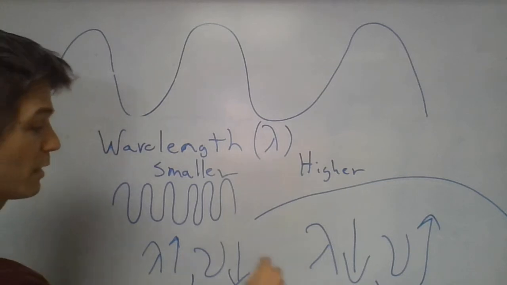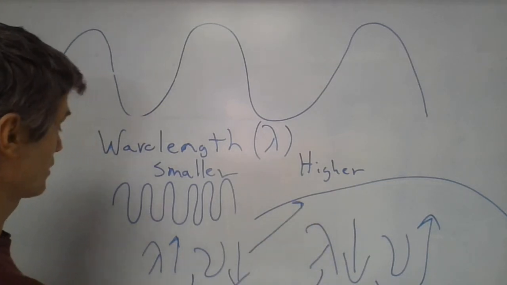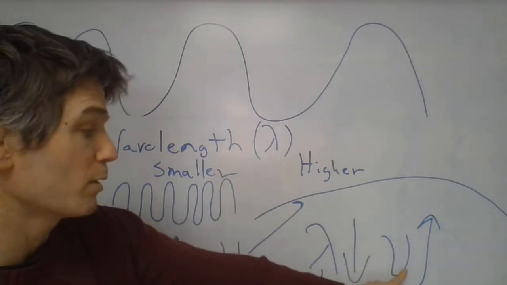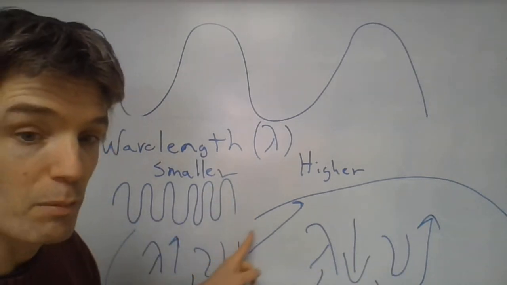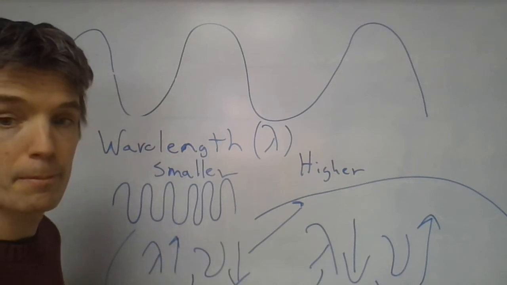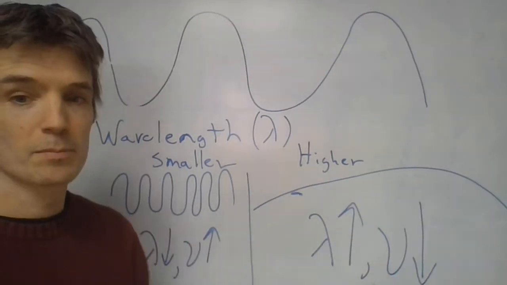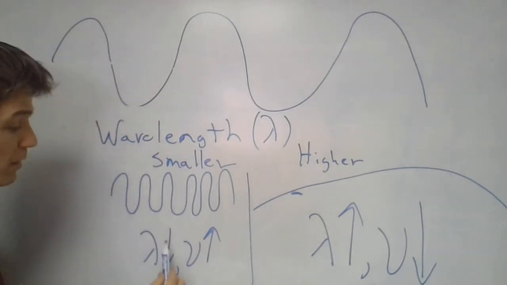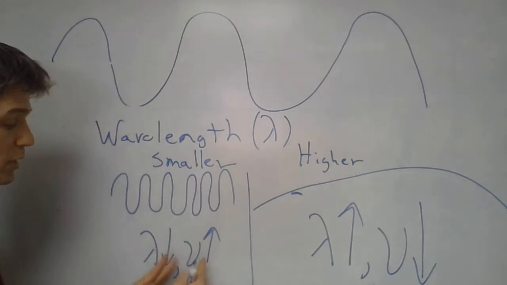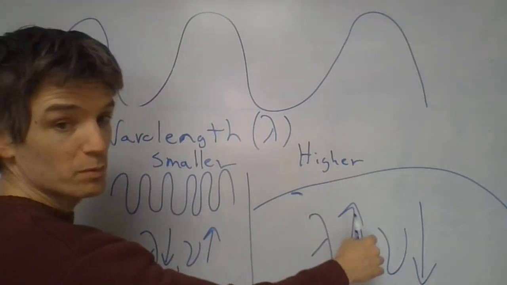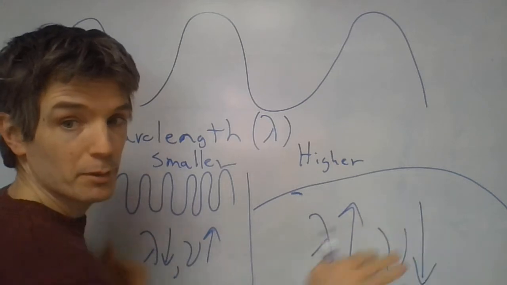And I wrote these out. This is for that, and that's for this. Because I'm making the wavelength smaller here, and that's going to increase my frequency. And I'm making the wavelength bigger here, and that's going to decrease my frequency. I went back and rewrote it. So as wavelength goes down, the waves get crushed. Frequency goes up. As wavelength goes up, frequency goes down. The waves get spread out.